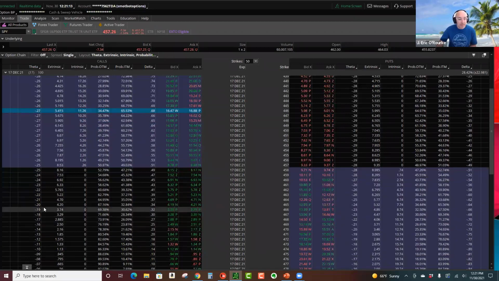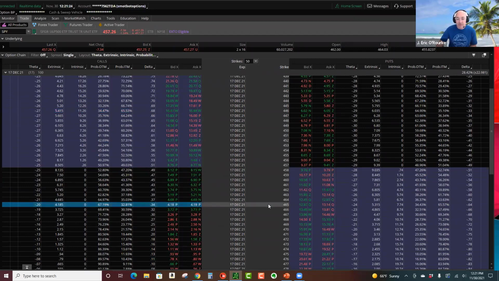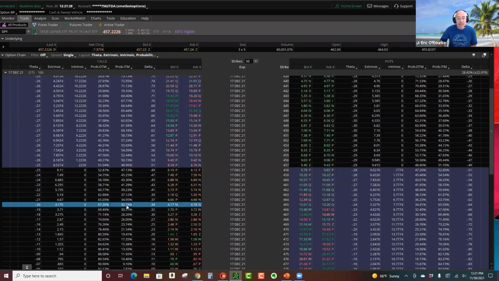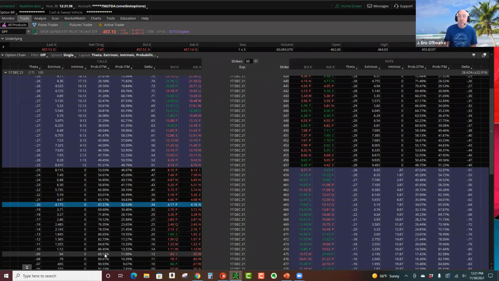So if we go down here, we'll just grab one here. This particular option, the 465 call, has a probability of 32% of expiring in the money and 67% of expiring out of the money. So you can see the farther you go out of the money, the more probable it is that it expires out of the money.